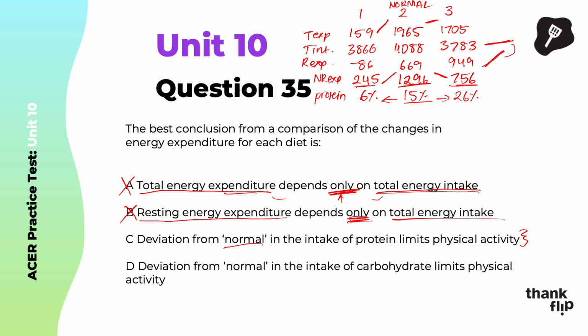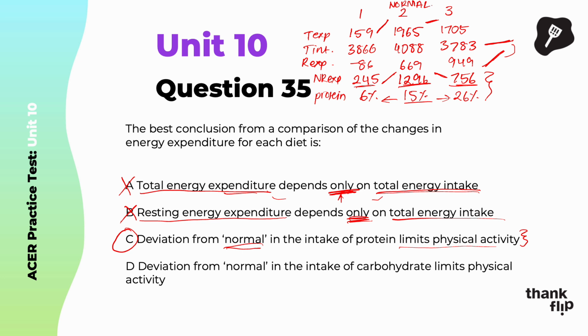This conclusion supports that data. It's saying that a deviation from normal limits physical activity, which makes us think that when you have something other than 15% protein in your diet, that's going to decrease your non-resting expenditure. This is supported by the table, so we can quite confidently say C.